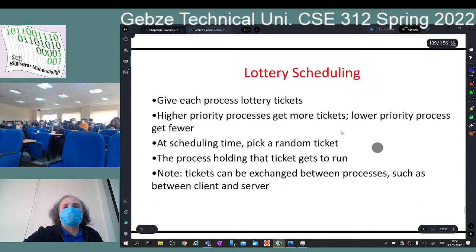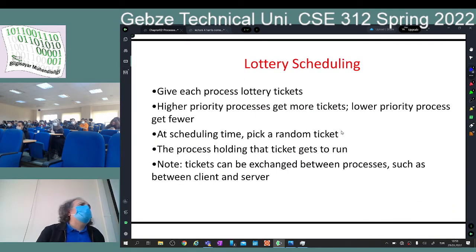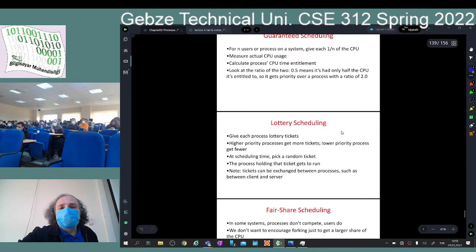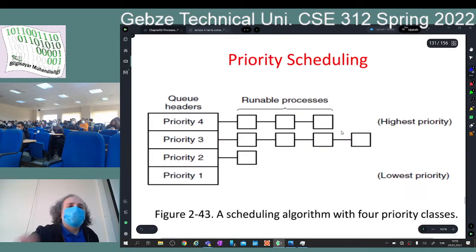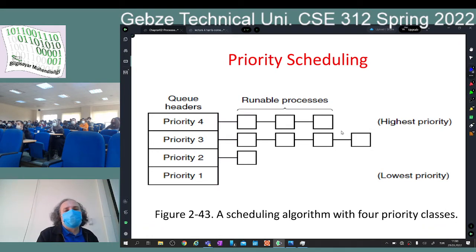Another scheduling idea is very nice. How about these priorities? Remember the problem with priority inversion? Let's go to this picture again. If I keep running pure priority scheduling on this picture, the problem is this. One is starvation, right?